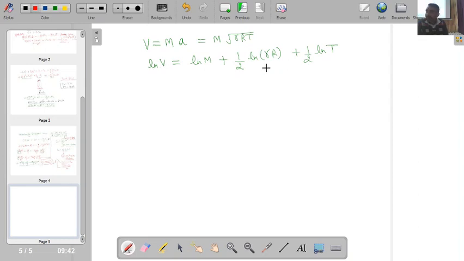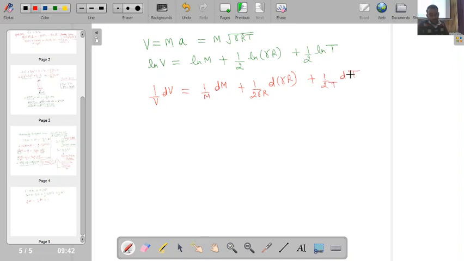If I take the differential, it will become 1 by V into dV equal to 1 by M into dM plus 1 by 2 gamma R into d of gamma R plus 1 by 2 T into d of T.